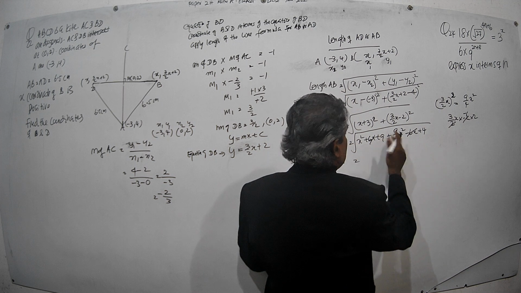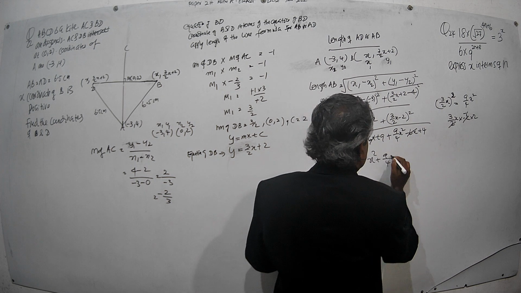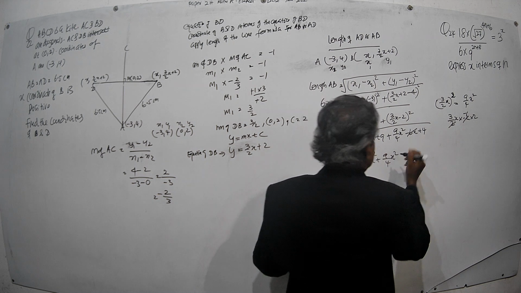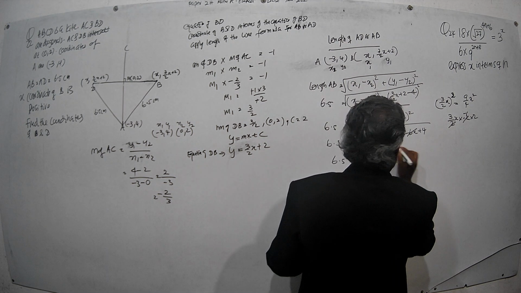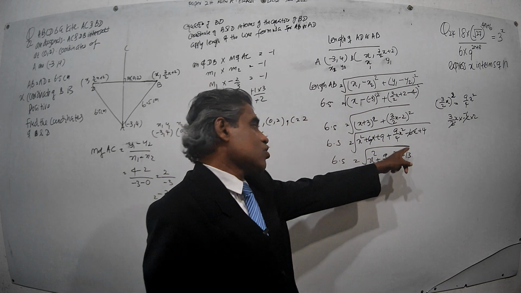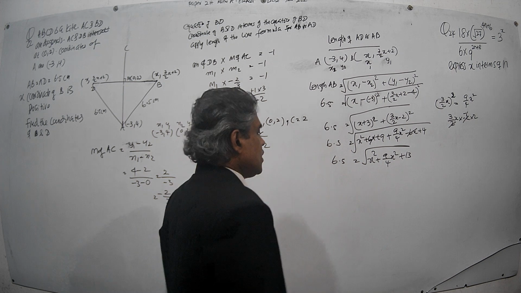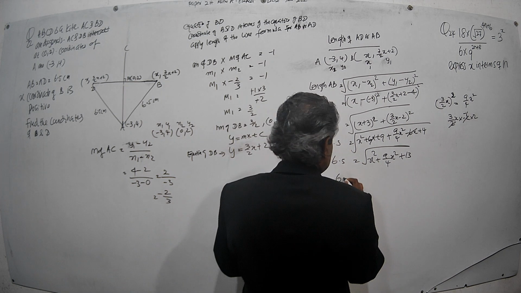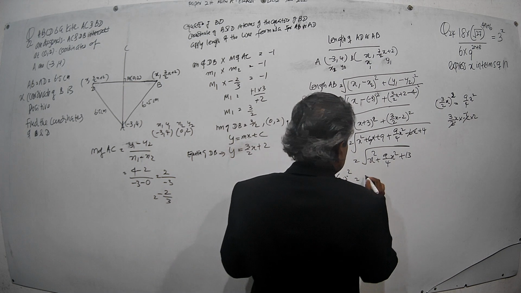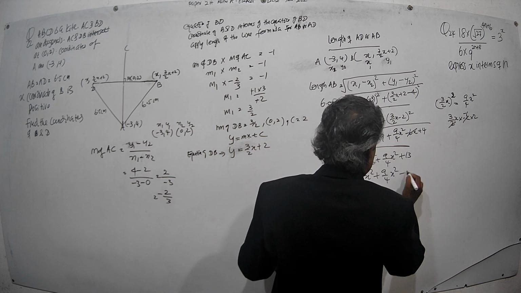Then x squared plus 9 over 4 x squared plus 13. Now first of all, remove this square root. When the square root goes to the other side, it becomes square. Then you can write 6.5 squared equals x squared plus 9 over 4 x squared plus 13.